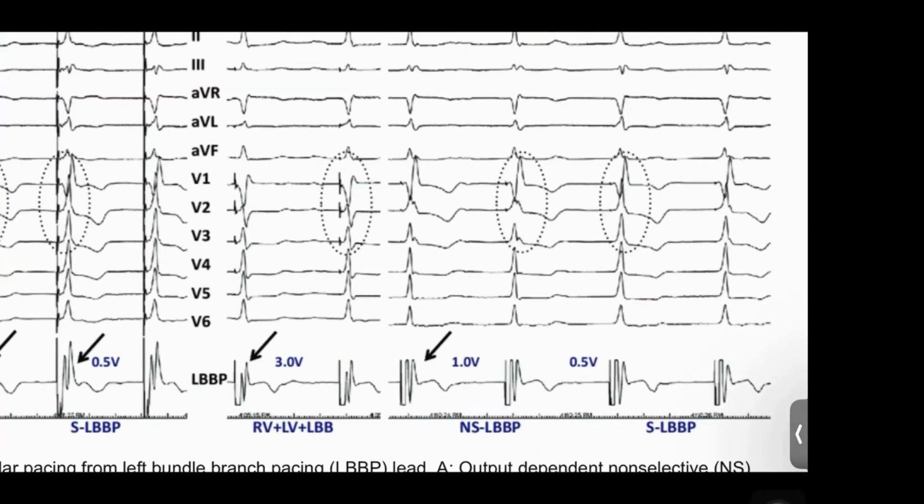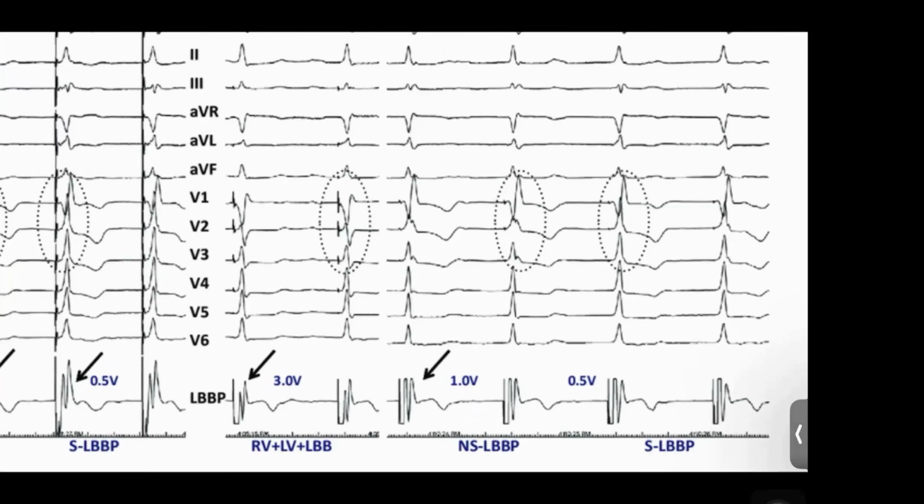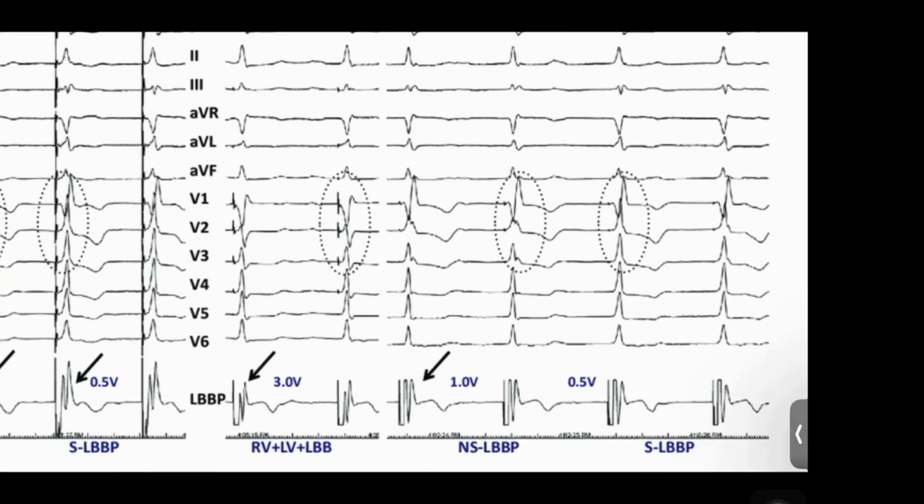And in bipolar pacing, okay, if we start here at 3 volts, that means that we have right ventricular, LV and left bundle pacing. As you see in V1, it is Q, then R, and a little bit of W complex. When decreasing amplitude to 1, we have initial R and peak R dash in V1.